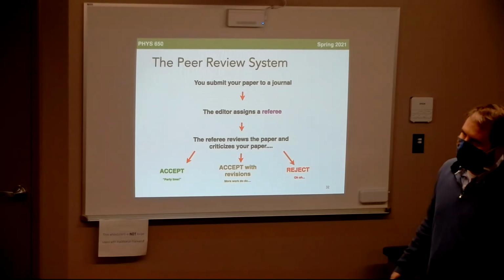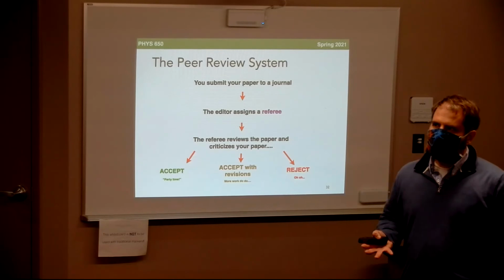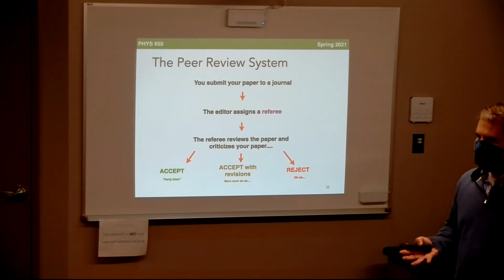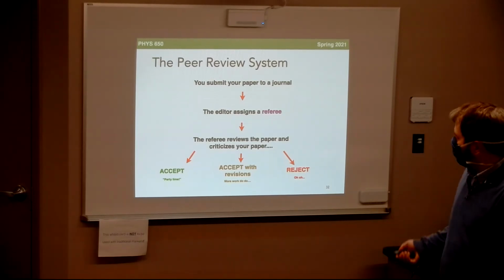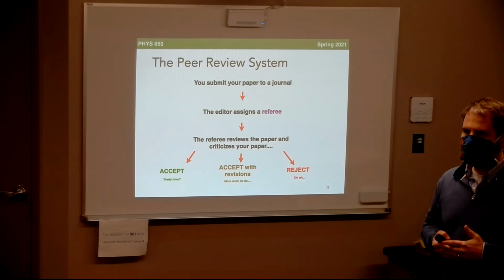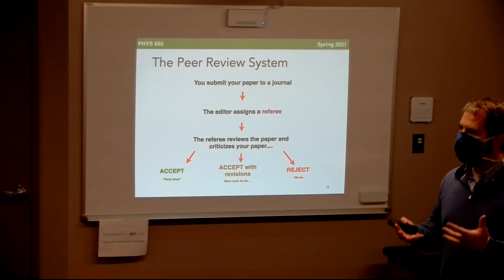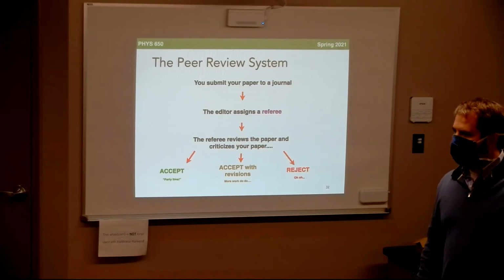Rejection happens a lot for things like Nature. If you write a Nature paper, they reject 9 out of 10 papers, just because they can. In other fields, this happens a lot, for instance, in brain science and psychology and in medical fields. There is a ranking, a pecking order.